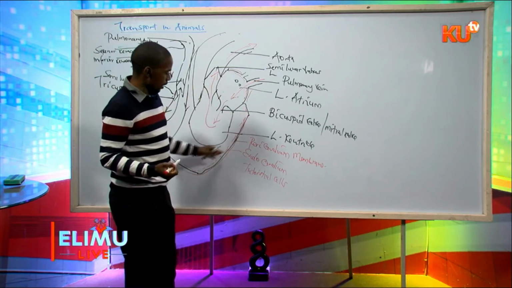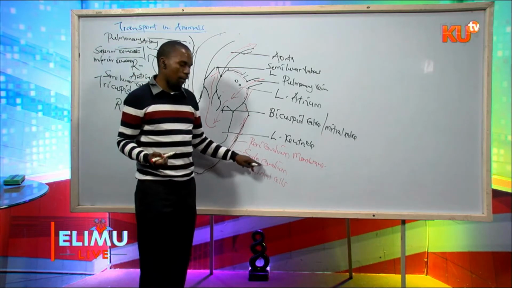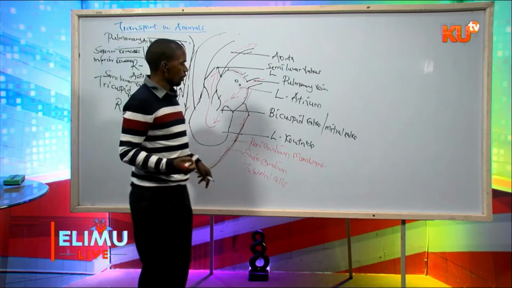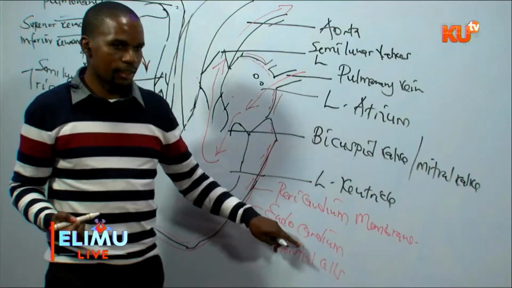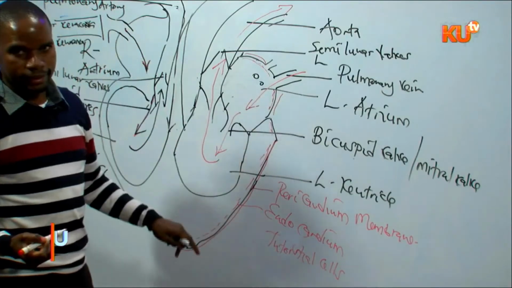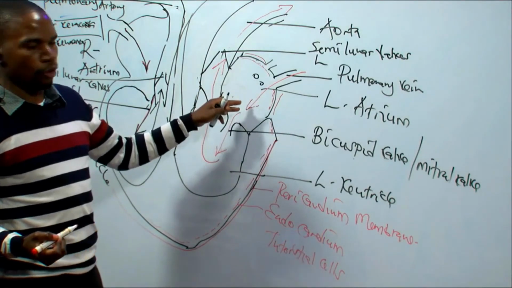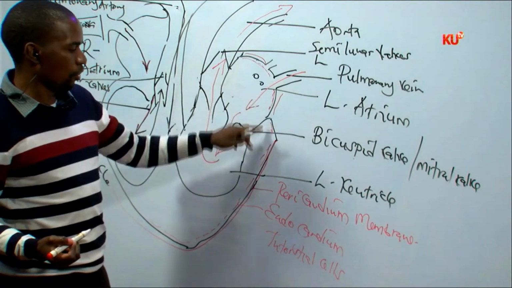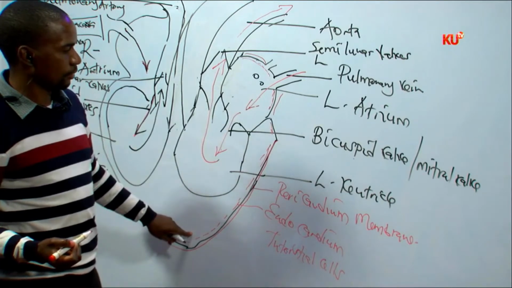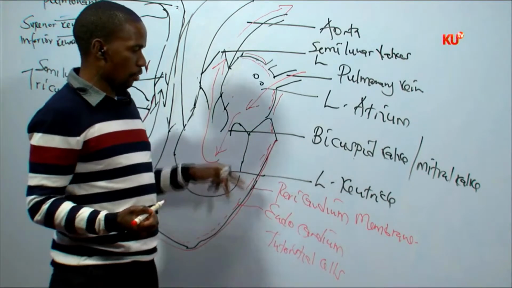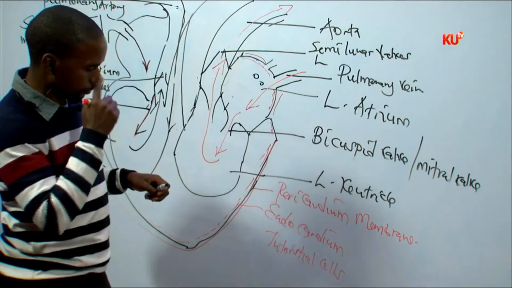So within the heart, we have an endocardium, which has cilia, so that it ensures smooth flow of the blood. So that is basically what you are talking about.